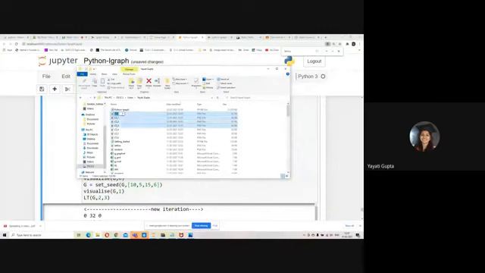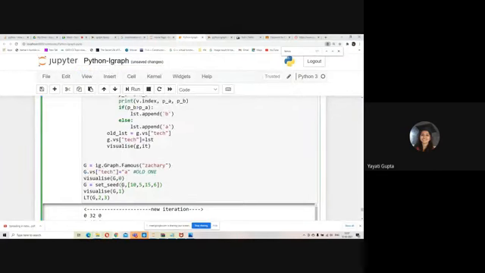So when I start with these nodes, you can see what happens. The information diffuses. The technology is adopted by all the nodes in the same community here, and then it stops.